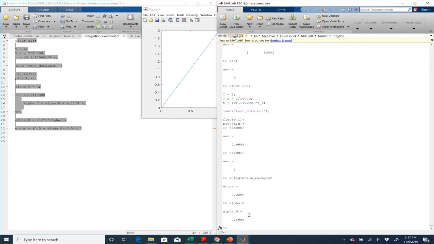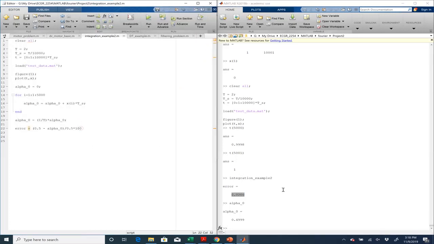Alpha 0 is 0.4999, so it looks pretty close to 0.5, and the percent error is 0.02%. So it's incredibly close to the true value. If t sub s were a little bit smaller, that error would go down even further, but my error is still pretty small at 0.02%. That's not 2%, because notice I multiplied my error by 100. It's 0.02%.